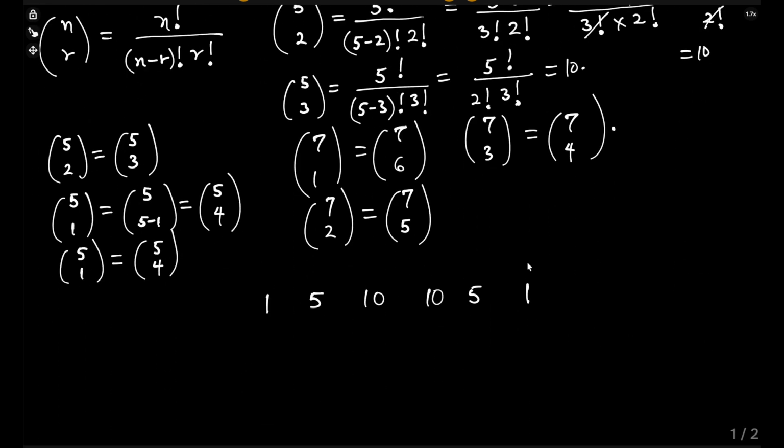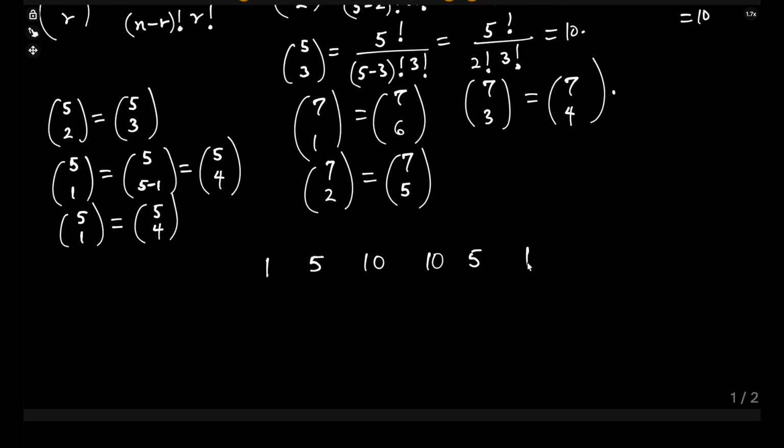All right, great. Now, in actual sense, this is actually 5 combination 0. This is 5 combination 1. This is 5 combination 2, 5 combination 3, 5 combination 4. This is 5 combination 5 in actual sense. And if you look at the arrangement, you can see that something is making sense, right?